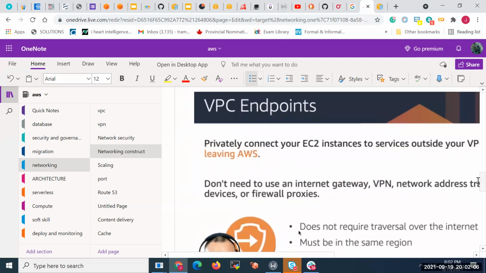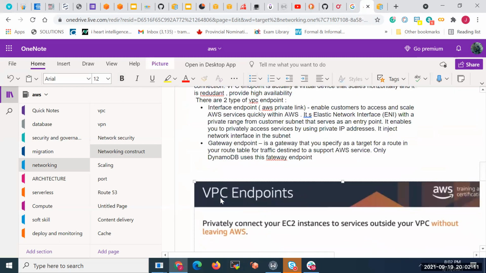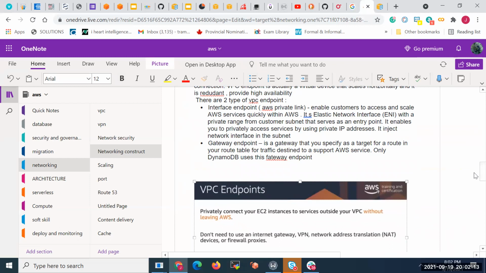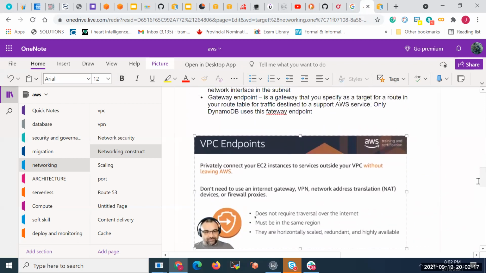Let me help resize this first so that you can see clearly. When you want to go outside, like when you want to connect to the public internet, like Facebook and things like that, you need the internet gateway and NAT gateway.